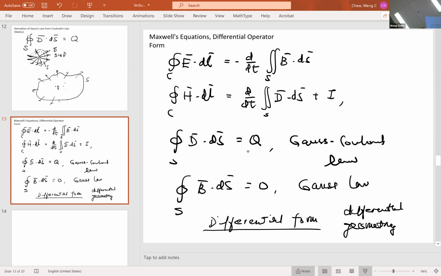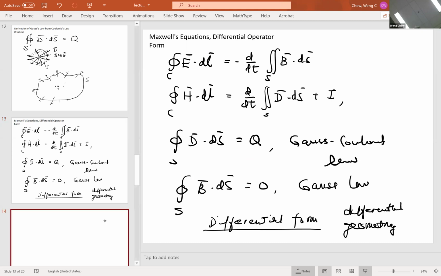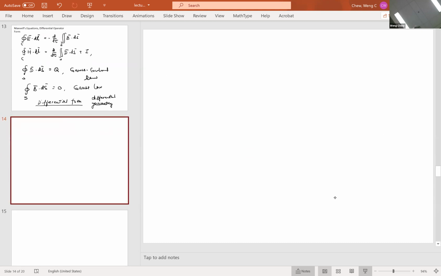Many of these mathematics were derived by Gauss, and Gauss is a genius. Gauss lived from the 1700s to the 1800s. And here I will derive for you what the divergence operator is.